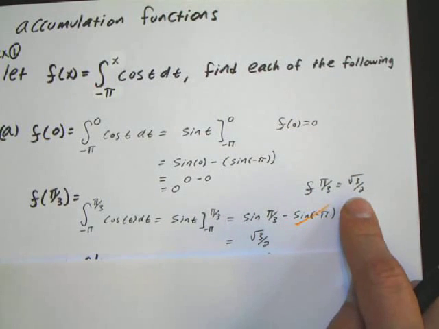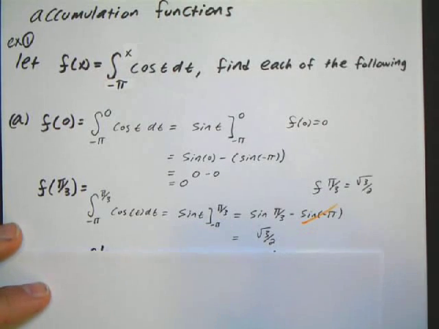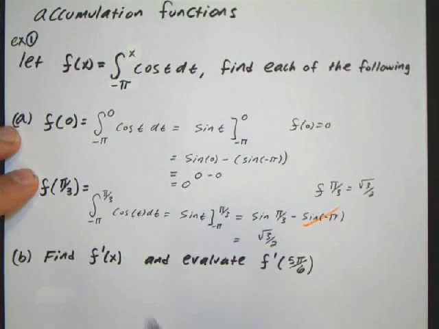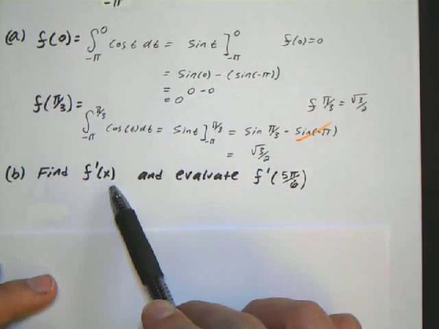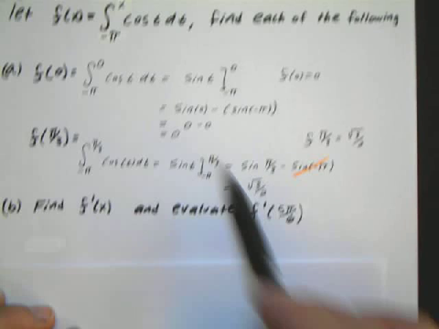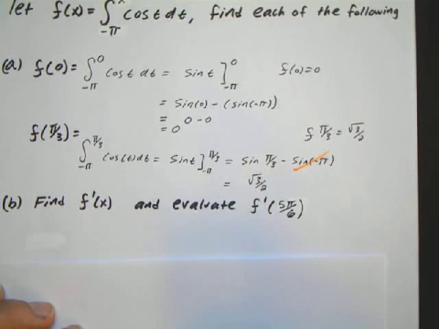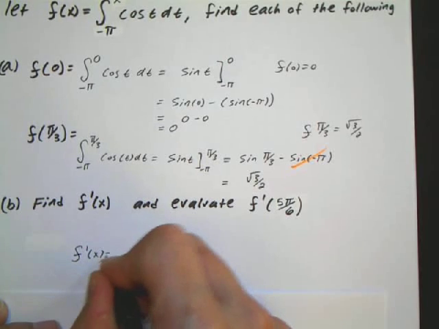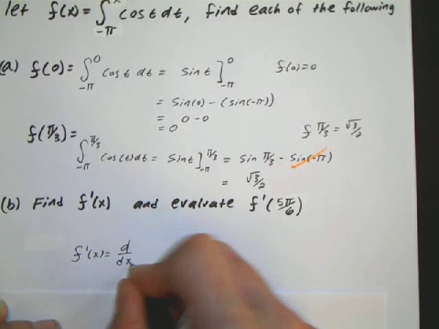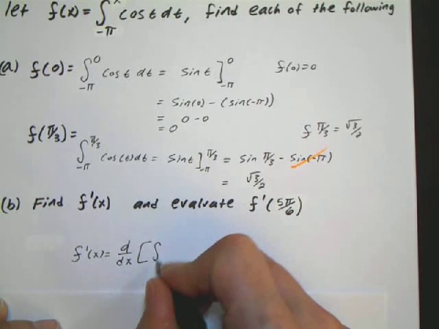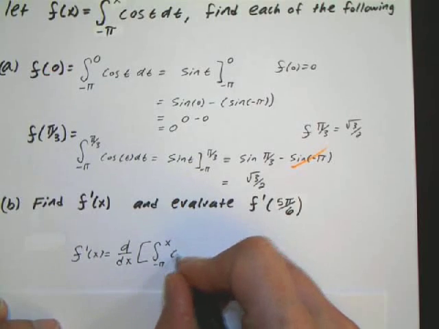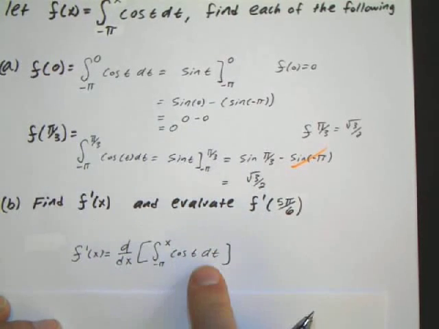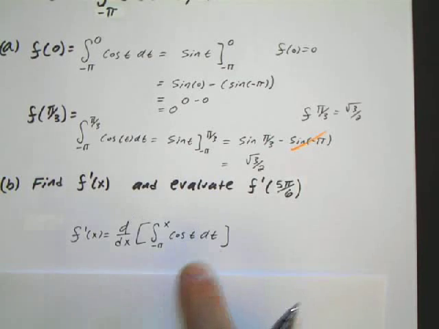So that's basically what the first half of accumulation functions is, plugging in numbers and evaluating normally. For part B, now I want to find the derivative of this and evaluate it at 5 pi over 6. Well, if I take f prime, that means I take a derivative of this integral function, the integral from negative pi to x of cosine of t dt. And this is where I use the fundamental theorem of calculus.